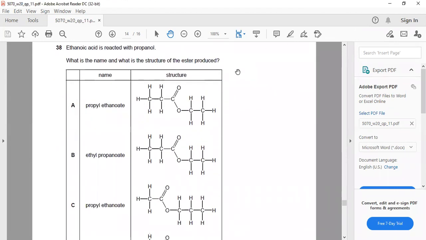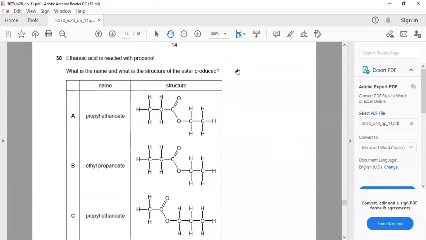38. How to solve question 38 very quickly: you must know that when acid reacts with alcohol, it is esterification. Ester and water are formed.